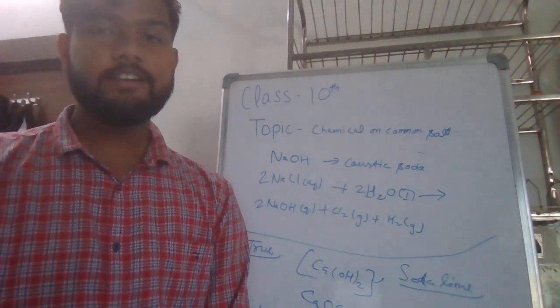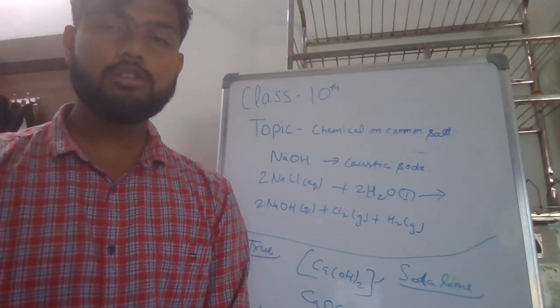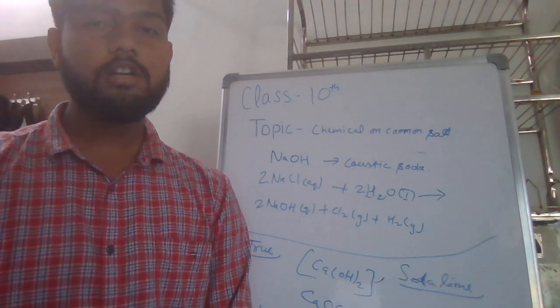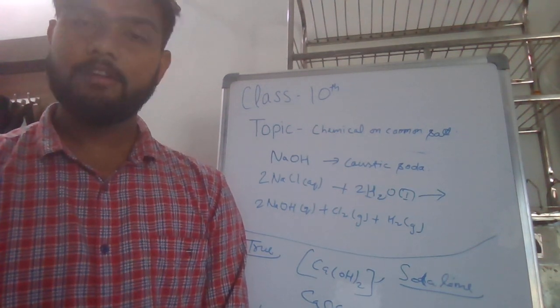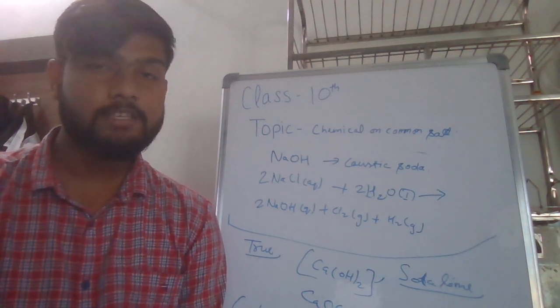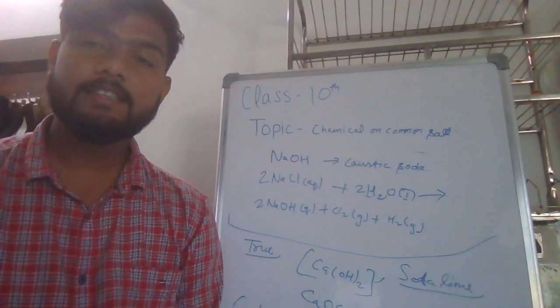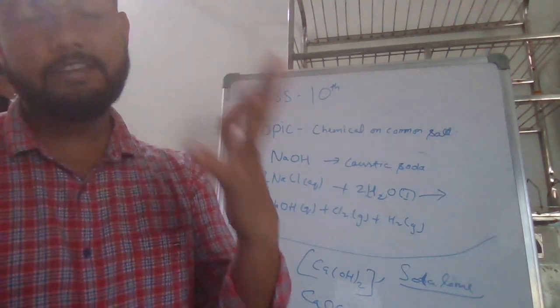These large crystals are often brown due to impurities. This is called rock salt, and rock salt is mined like coal. The chemical name of rock salt is sodium chloride, the formula is NaCl, and the physical state of sodium chloride is crystalline.